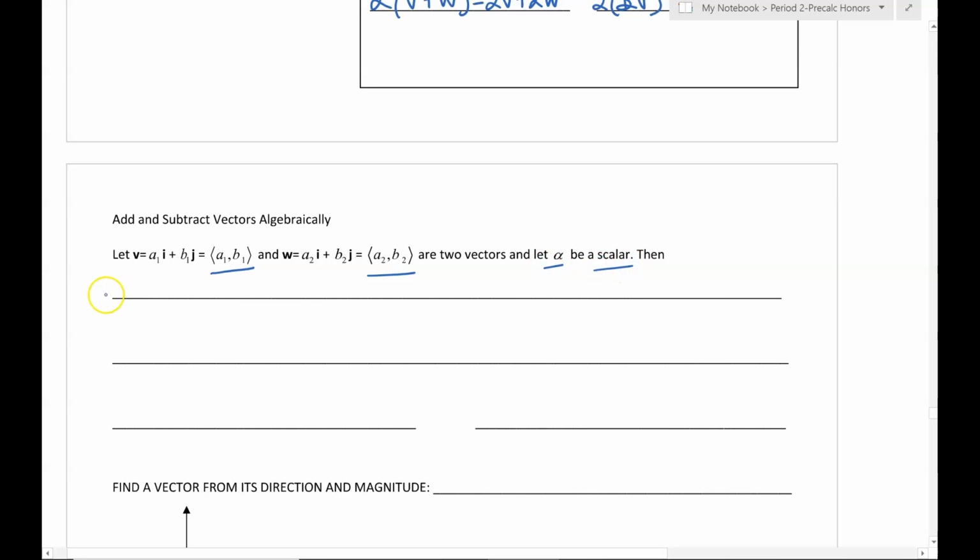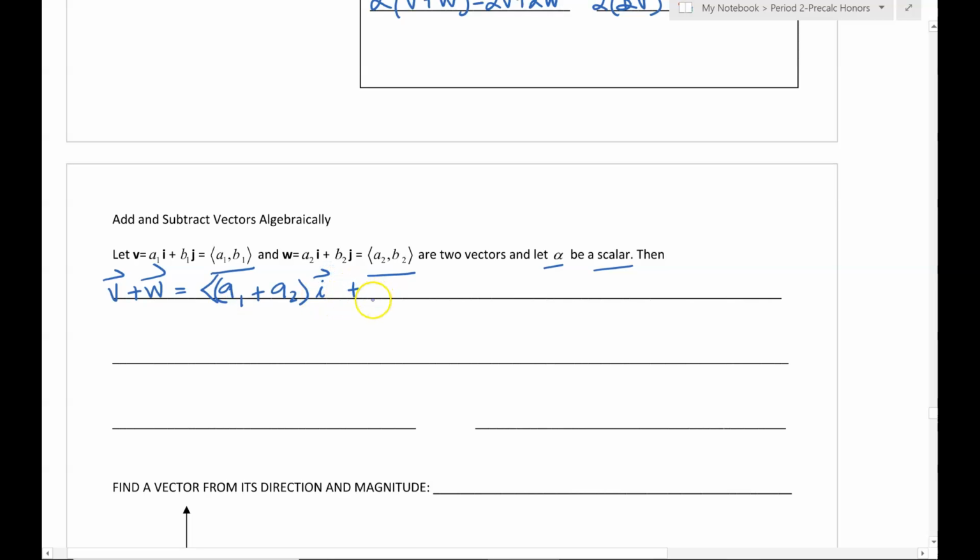Then one of the properties says if we're adding vector v to vector w algebraically, we take a1 plus a2, and if you want direction, then we put i on it.